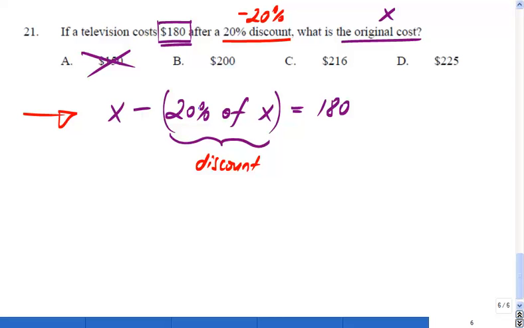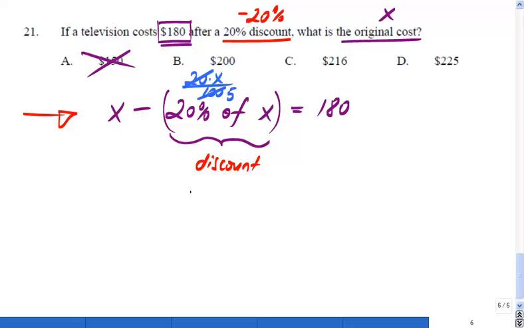And before we can solve it, you have to translate 20% of X into an algebraic expression, right? And you guys remember that 20% of any number will be 20 multiplied by the number and everything divided by 100, right? But 20 over 100 is actually 1 over 5, because 20 goes in 100 once, 20 goes in 20 once, so you have X over 5.